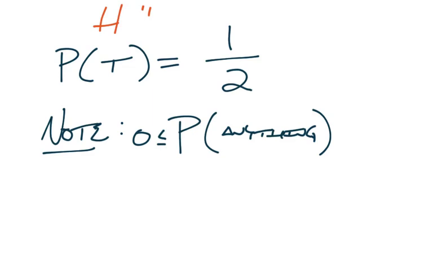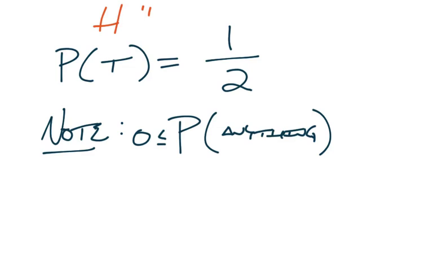The sky suddenly turning rainbow colors for the rest of the universe's life almost certainly has probability 0. Can't imagine that's going to happen. Anything you can think of that you classify as absolutely unimaginably impossible would have probability 0.